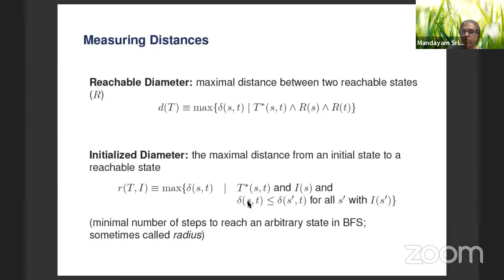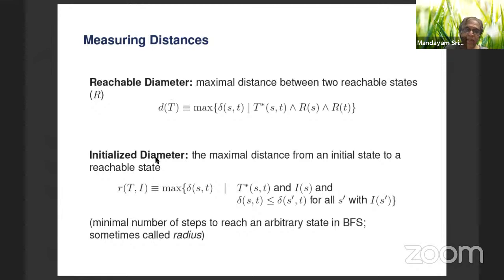If two states are reachable, that will be caught by the shortest path. If something is reachable in k steps, you will get it at that step, and that's why it is defined this way. The length of the shortest path is defined as the distance, and the diameter is the maximal among all states that are connected.